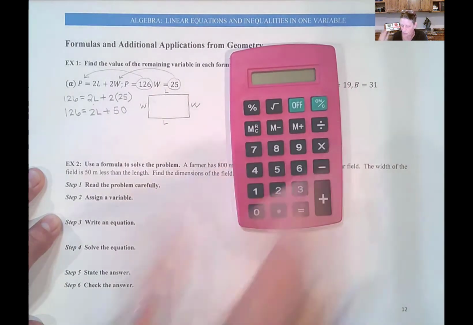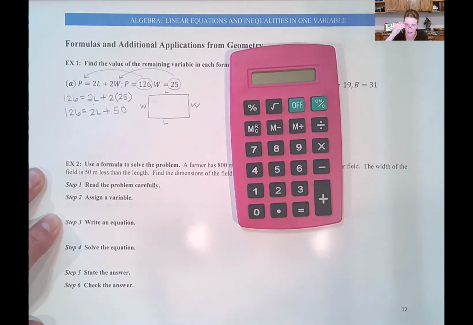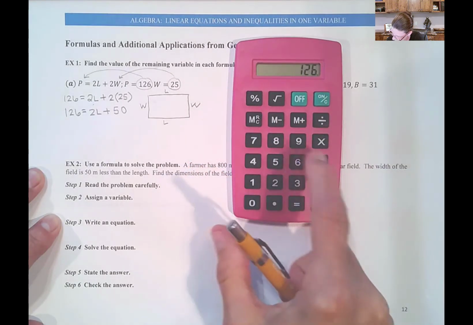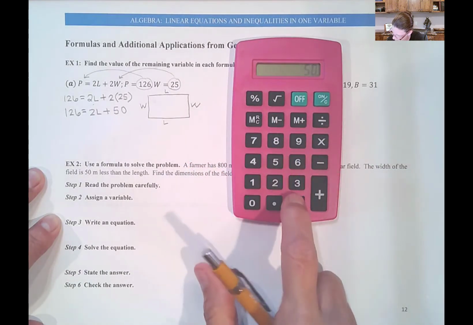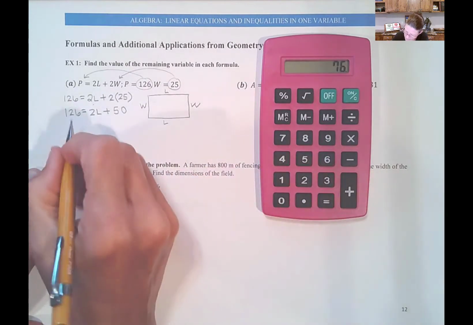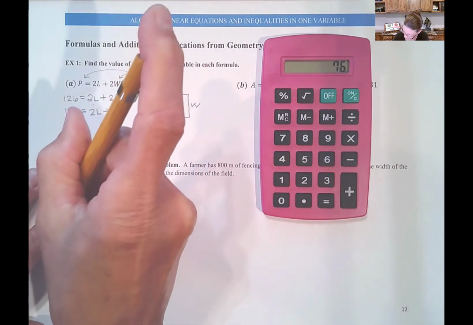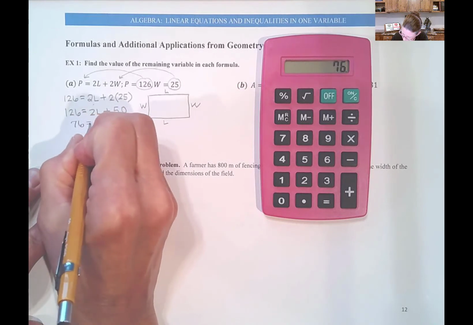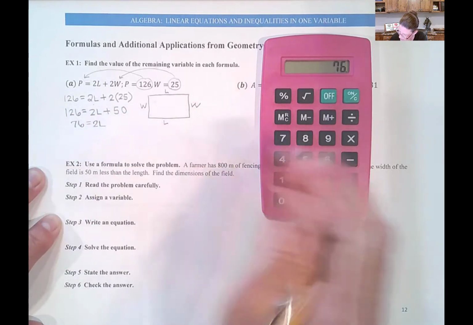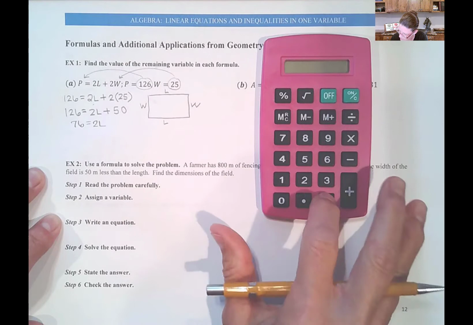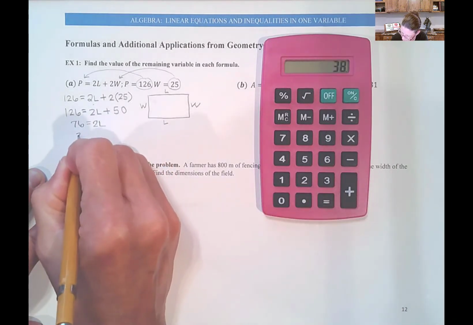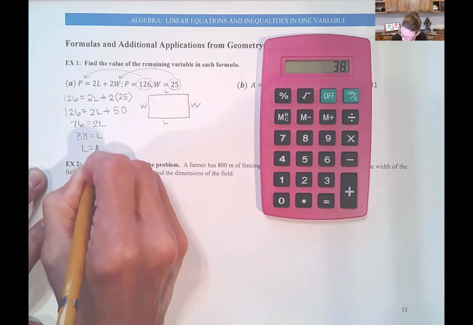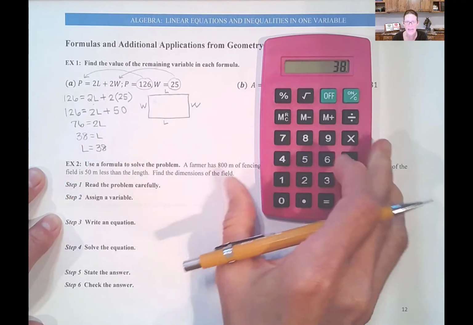If we subtract 50 from each side, 126 minus 50 is 76. And then dividing by 2 gives 38 for that length. So our length is 38 units.